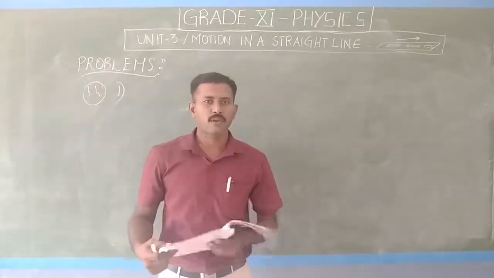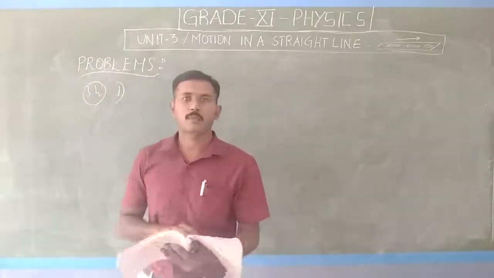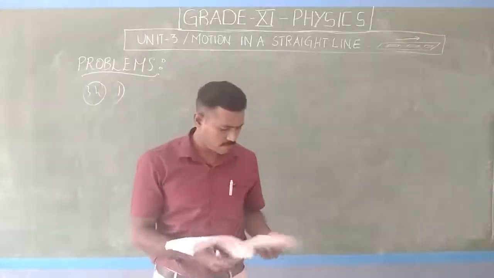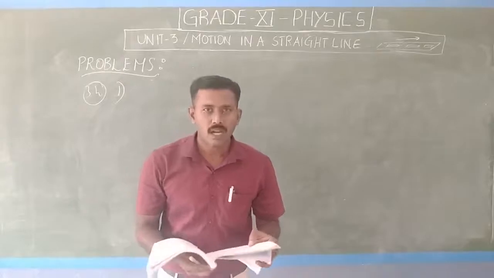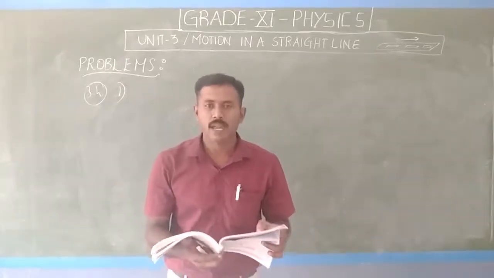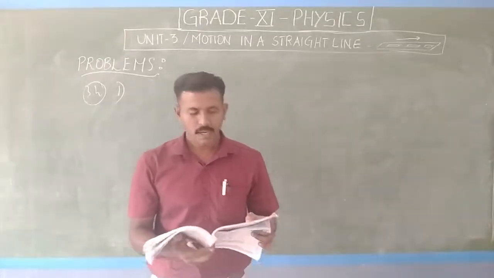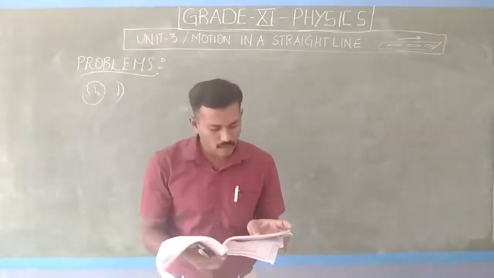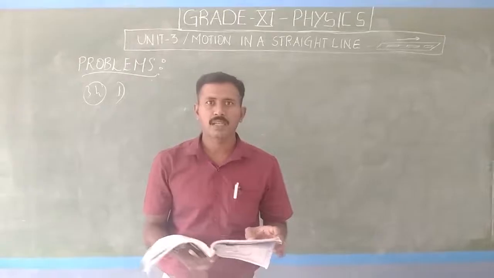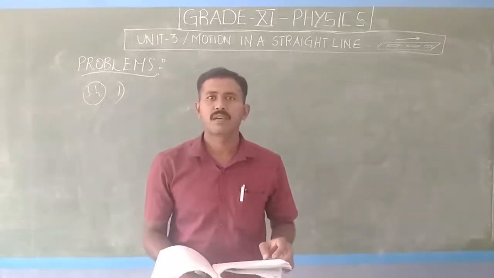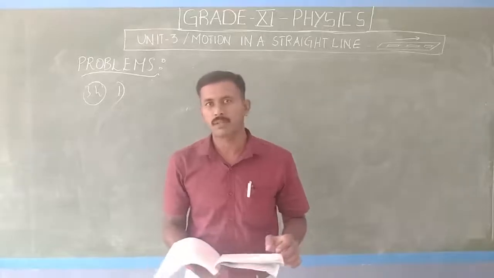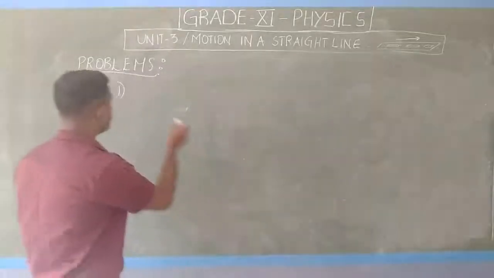It's better for you to take the book and see the problem, or else just listen carefully. A drunkard walking in a narrow lane takes 5 steps forward and 3 steps backward.